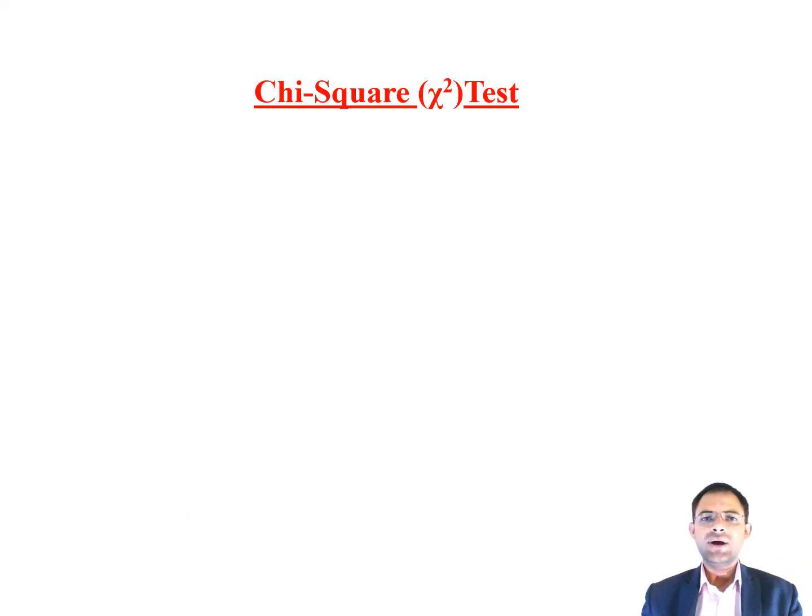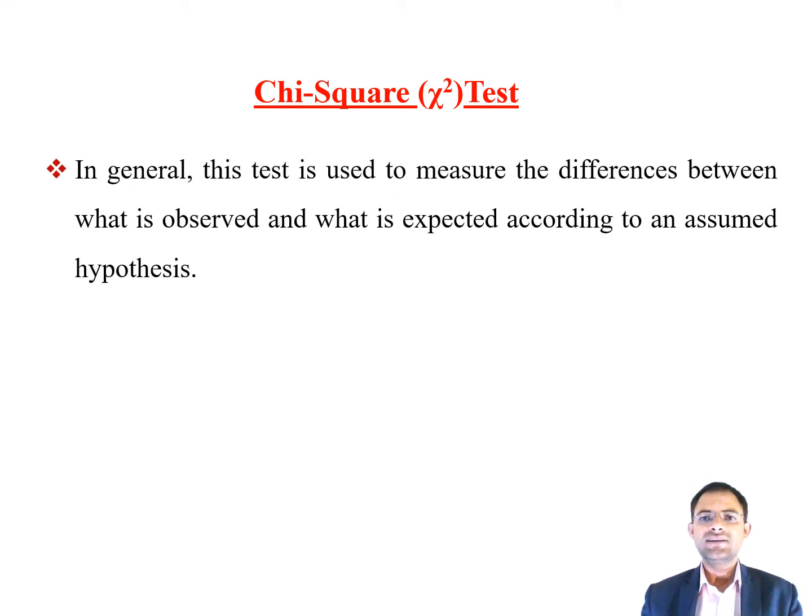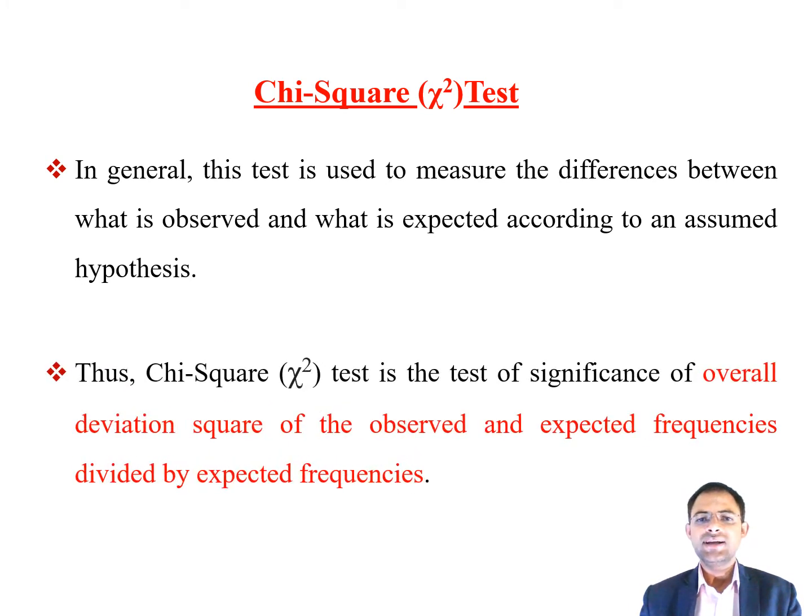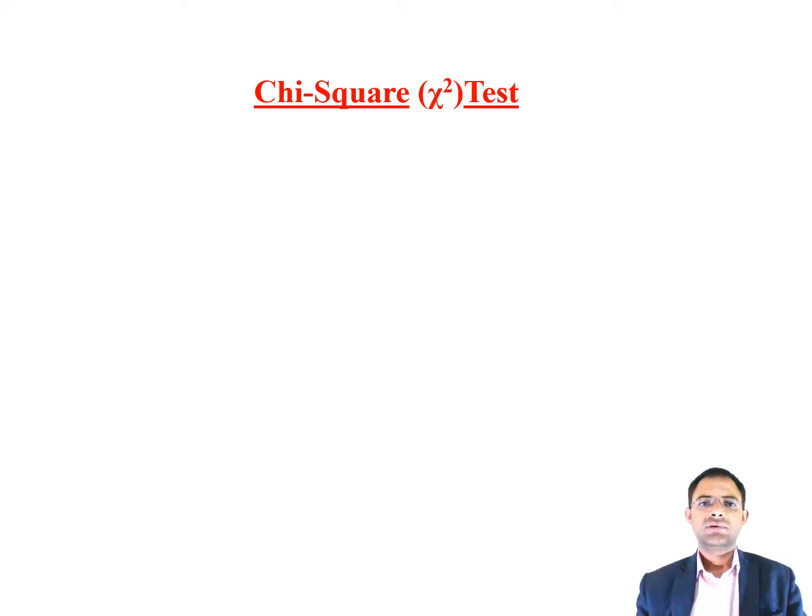Now, the chi-square test. The chi-square test is generally used to measure the differences between what is observed and what is expected according to an assumed hypothesis. Thus, the chi-square test is the test of significance of overall deviation, the square of the observed and expected frequencies divided by the expected frequencies.